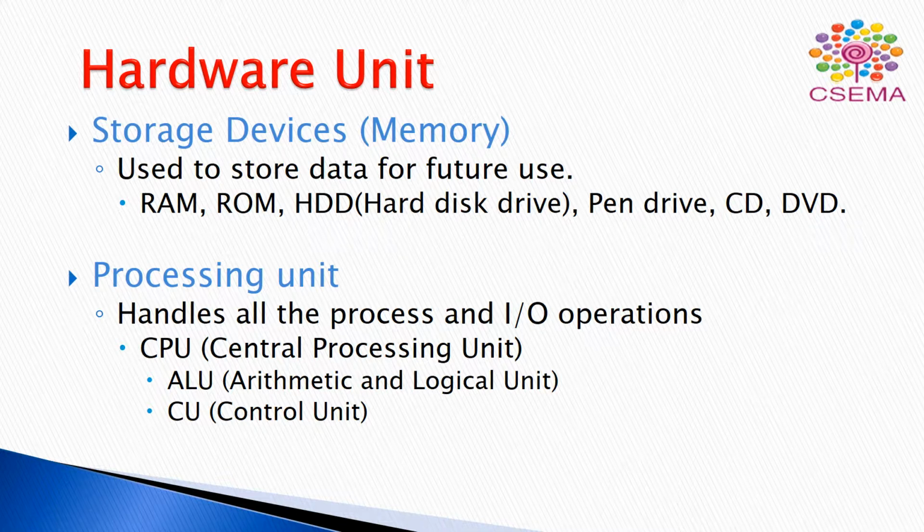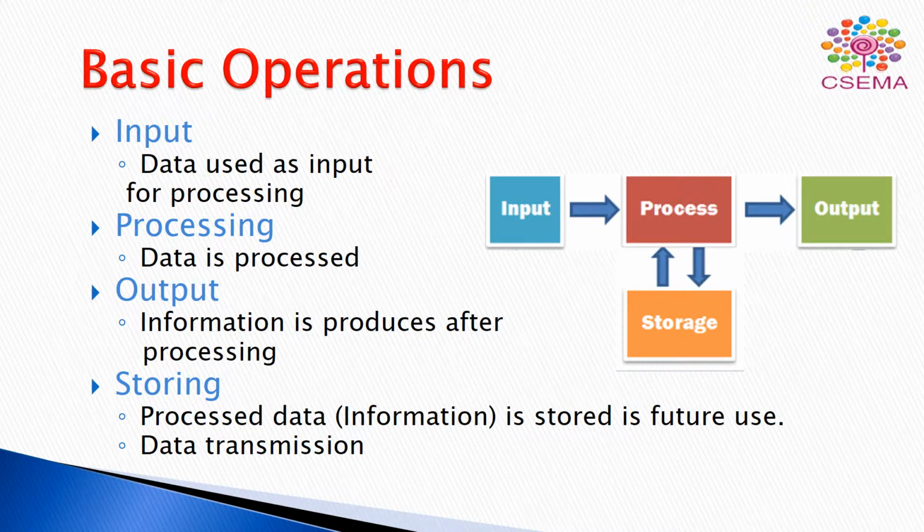Two of the major components widely used for processing in the CPU are the ALU and the CU. The ALU is used to control all the arithmetic and logical operations, and the control unit is used to control all the activities or operations performed by the CPU. So we can say that the processing unit is mainly used for processing purposes.